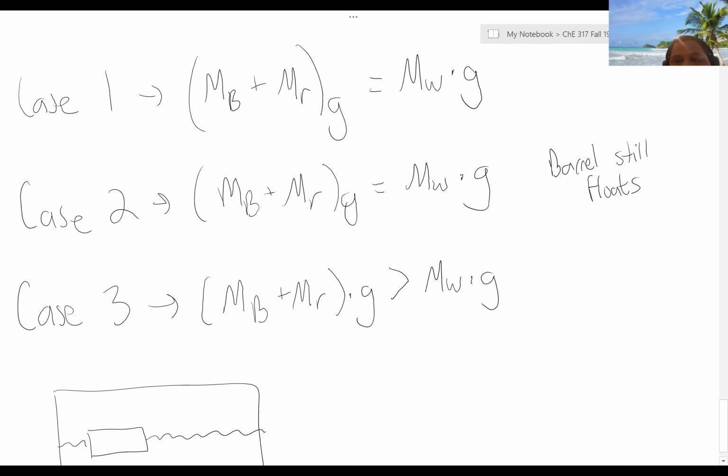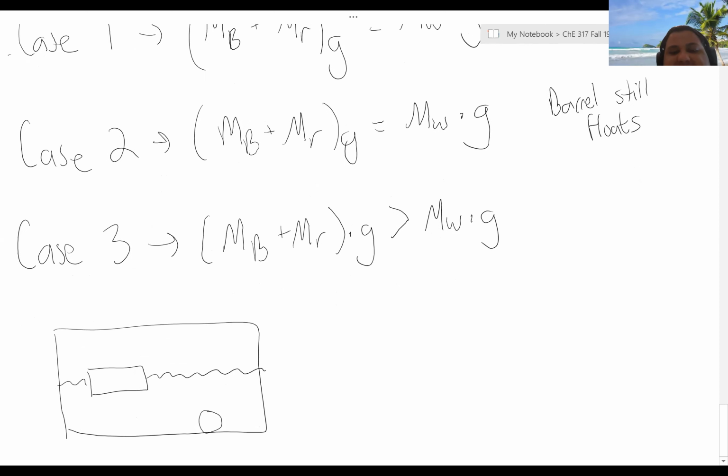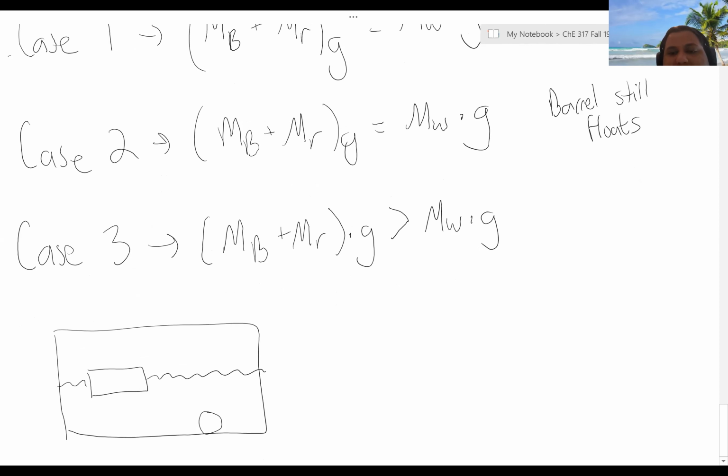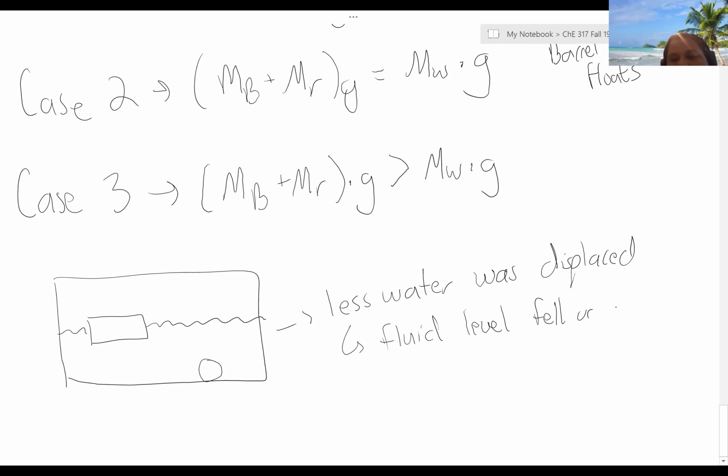Which tells me, since when we do a comparison between case 1 and case 3, the mass of water displaced went from equaling the left-hand side of the equation to being less than the left-hand side of the equation, which tells me that less water was displaced. And because of that, the fluid level fell or decreased.